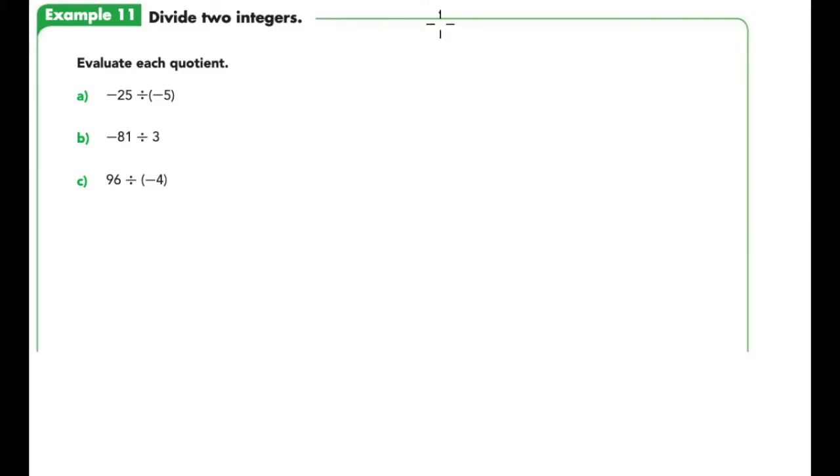Now for the problems, we just want to look at our signs to determine whether our answer would be positive or negative. And again, it's important to remember another way that a division problem can be written or set up is as a fraction. So it's the top number, or the first number would go on top. So we could rewrite this as a negative 25 divided by a negative 5.